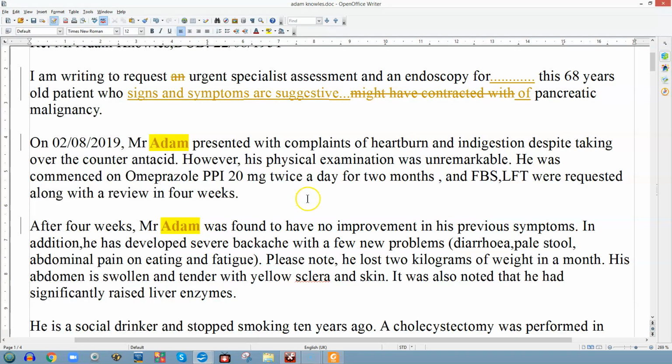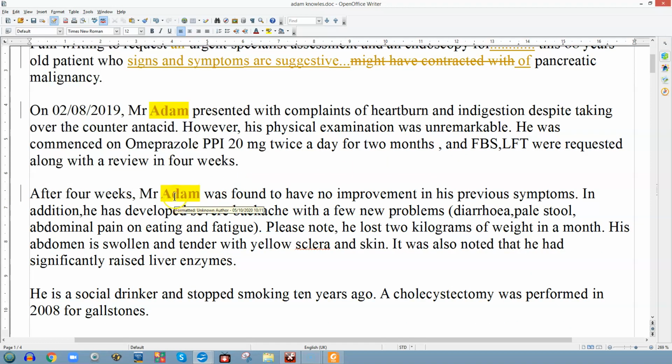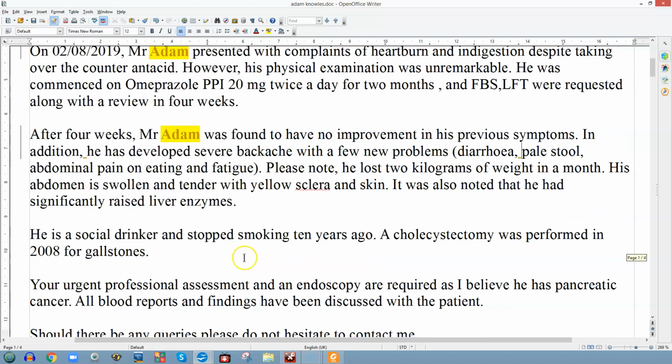This one here, I've done more like a straight chronology. Complaints of heartburn, no improvement after 4 weeks. In other words, today, no improvement, develops severe backache, diarrhea, pale stool, abdominal pain, 2 kilograms lost. Okay, so you could do it like that.